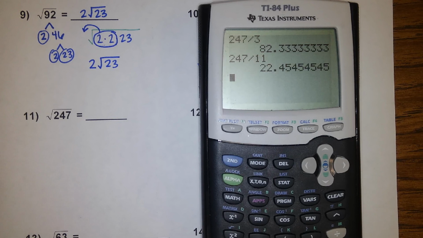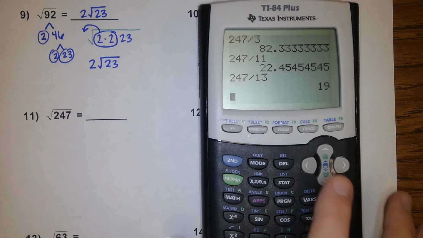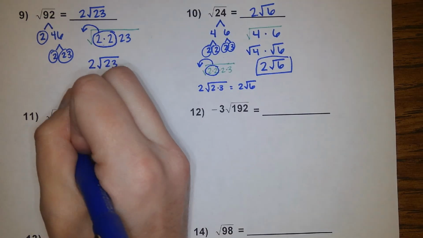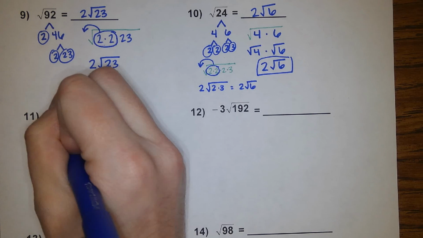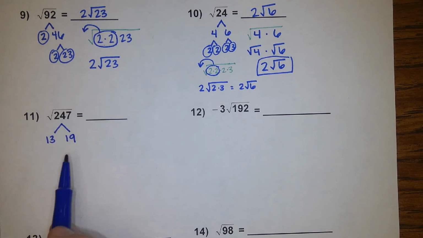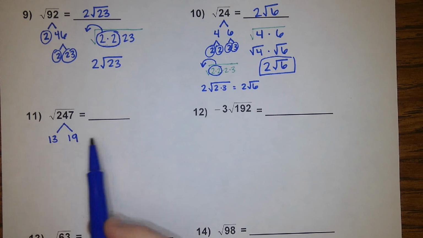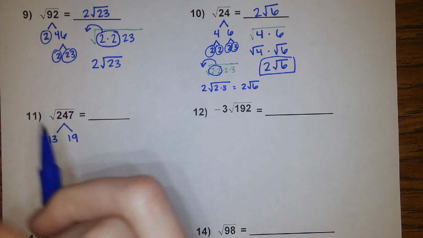No. 247 divided by, let's try another odd number, 13. It is. Lovely. All right, so 13 and 19 would be our factors here. So we take 247 and we say, okay, 13 and 19. Well, guys, 13 is a prime number. Nothing's divisible by it. And 19 is also a prime number. So we're done, right?